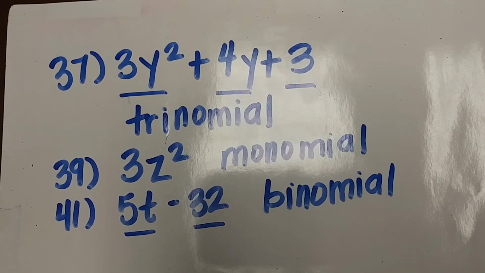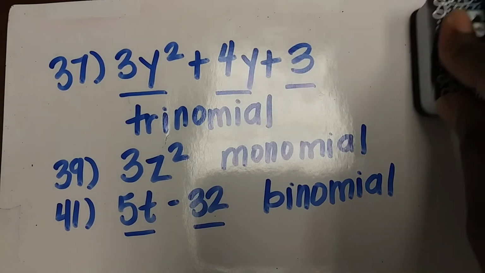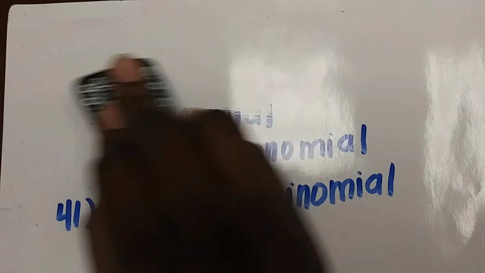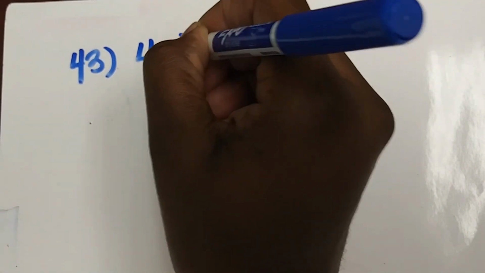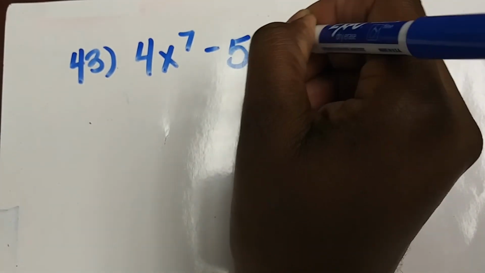Number 43 says, give the degree of each polynomial. So we have talked about the vocabulary term of degree. It is going to be your largest exponent. Number 43, I have 4x to the 7th minus 5x to the 2nd.